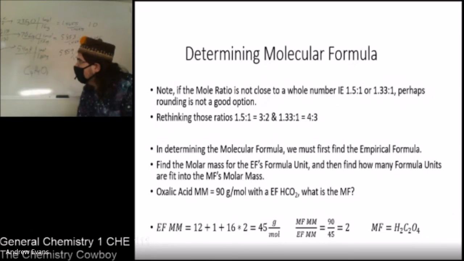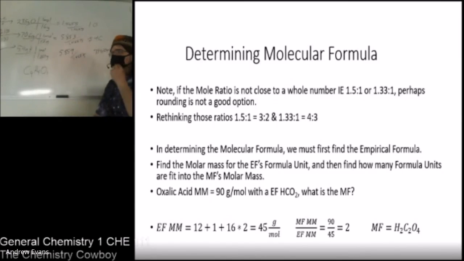If I got 1.33 repeating to 1, that's not really close to a whole number. Sometimes when you get that, that is because you actually have, essentially, a 3-to-2 ratio or a 4-to-3 ratio. So be careful. If you get a 1.5 to 1, that's the type of ratio you would get if you had Fe2O3. If you looked at the amount of iron to the amount of oxygen, you would get a 1.5 to 1.